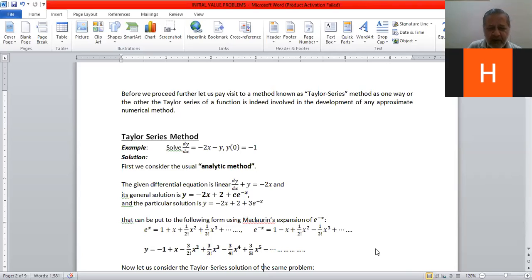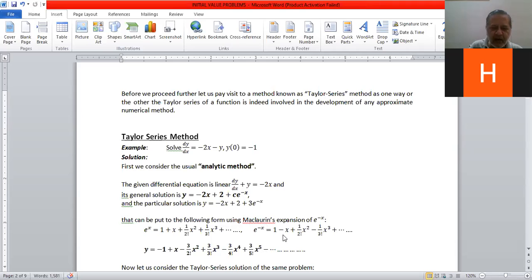So whenever we get a particular solution for any initial value problem, if this particular solution involves a function of type sine, cosine, e power x, whose infinite expansions are available to us, then we can substitute those and write our particular solution in expansion form.